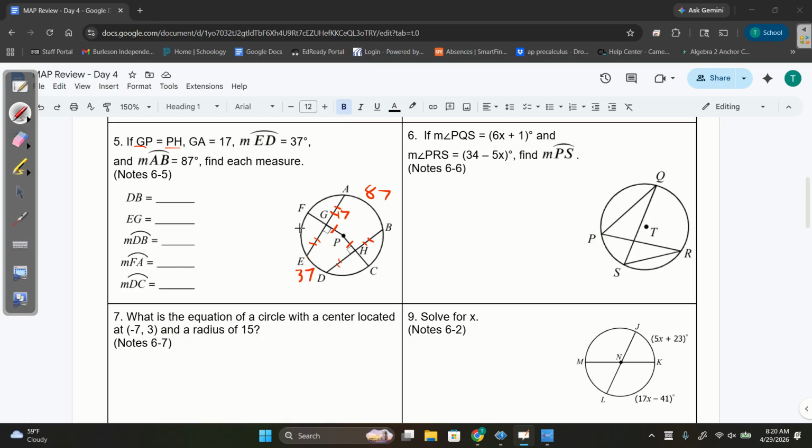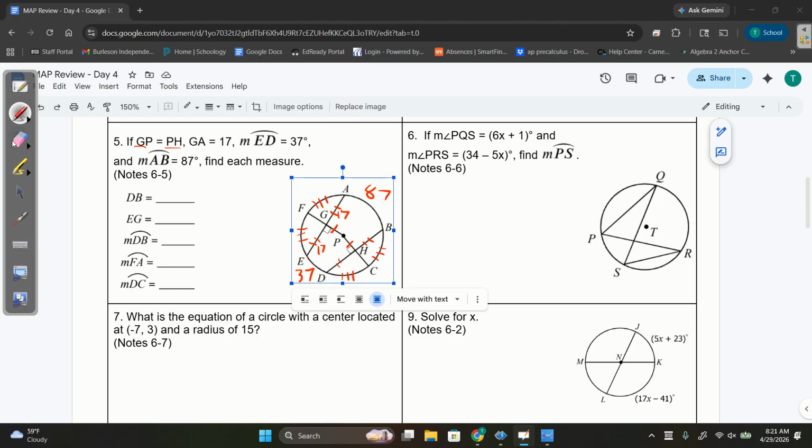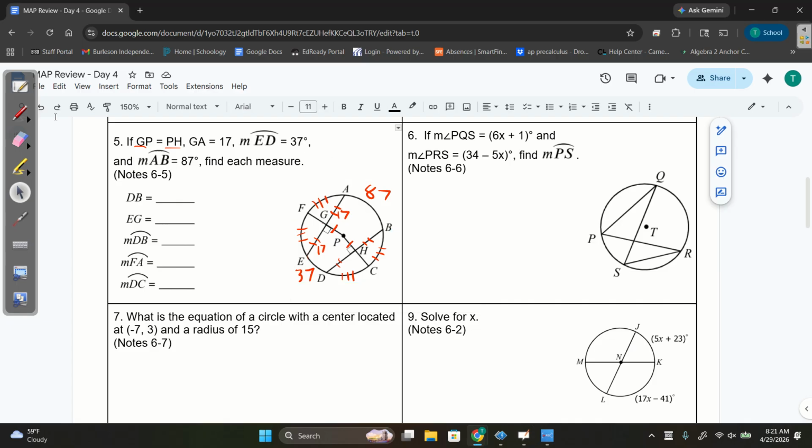We're also allowed to say that all of these arcs around here are going to be the same. So, if GA was 17, we can also say that GE is 17. We can also say that HD is 17, and HB is 17.